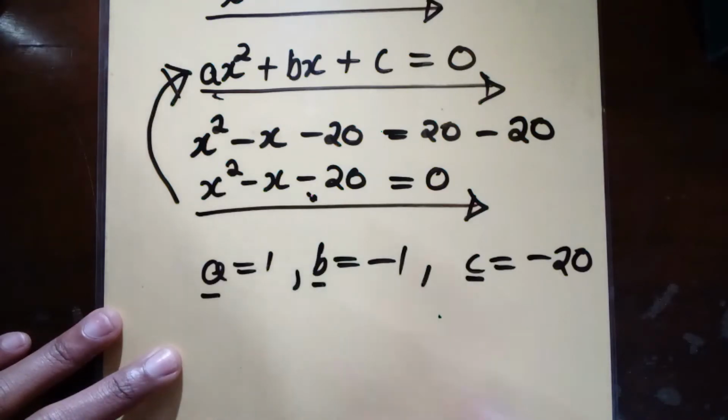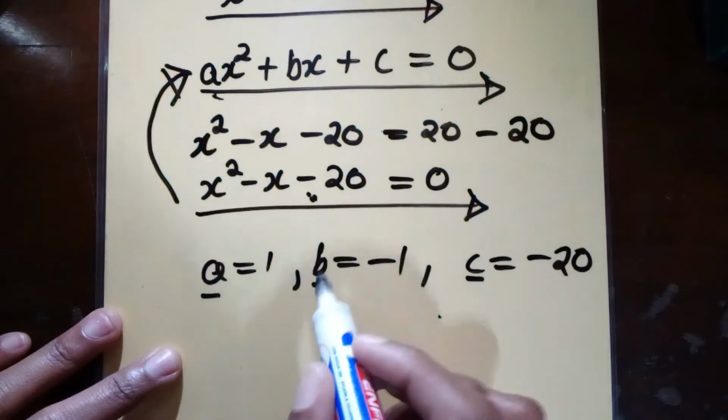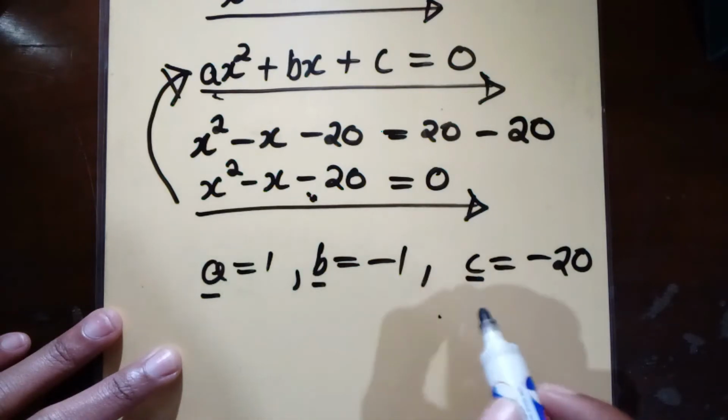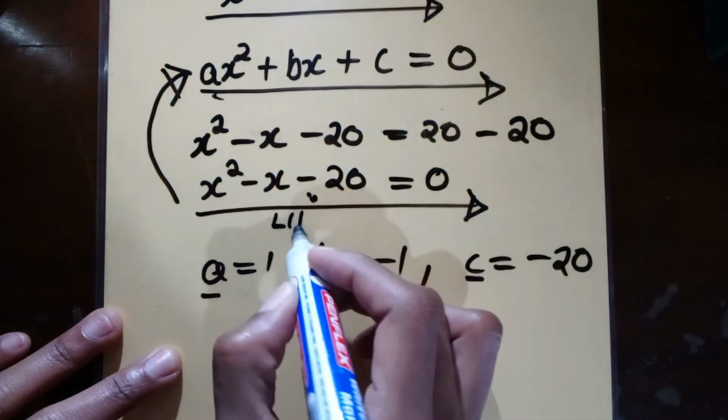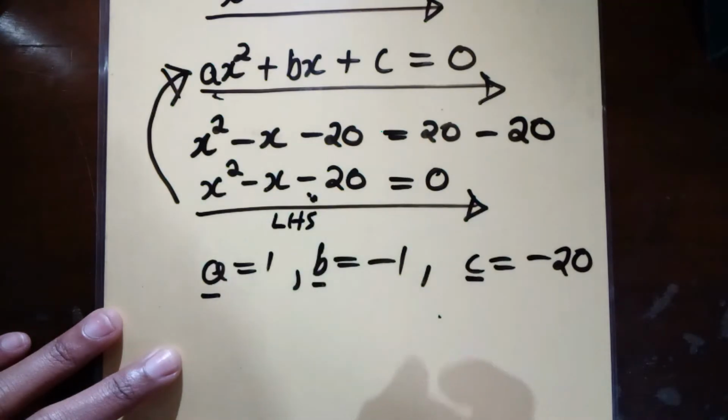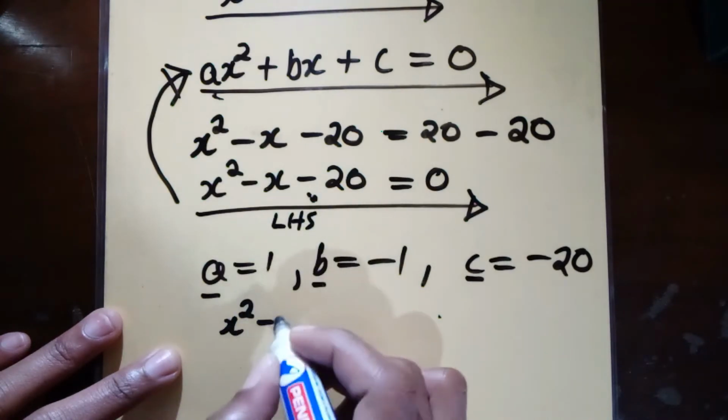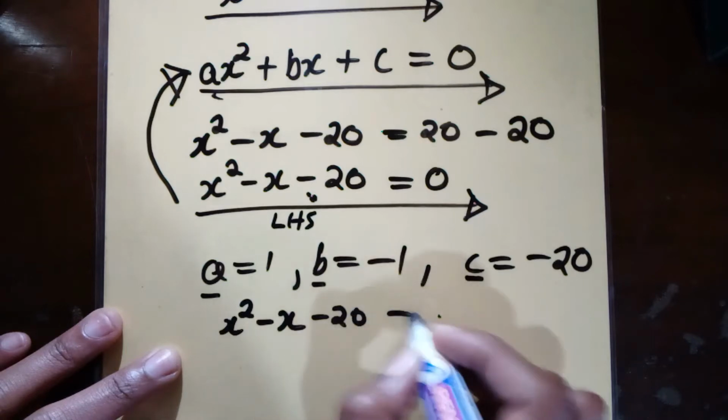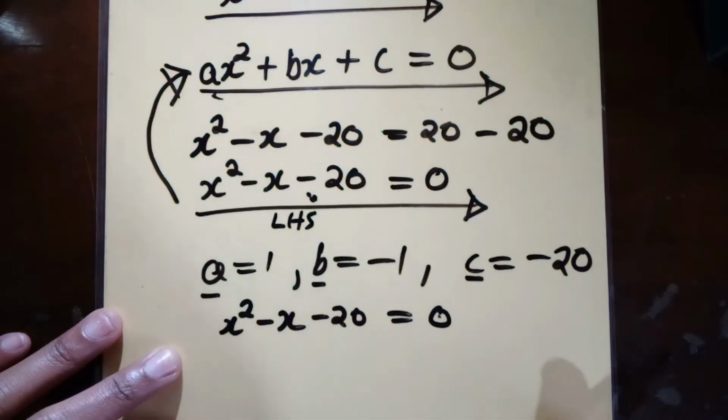All right, now that we have found the values of a, b, and c, our next step is to factorize the left-hand side. How do we do that? Let me write this equation again. So we have to factorize the left-hand side.